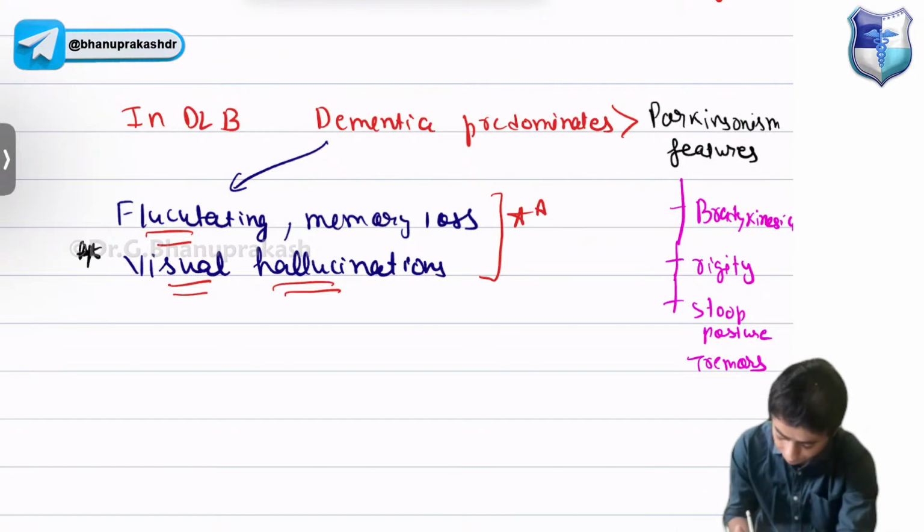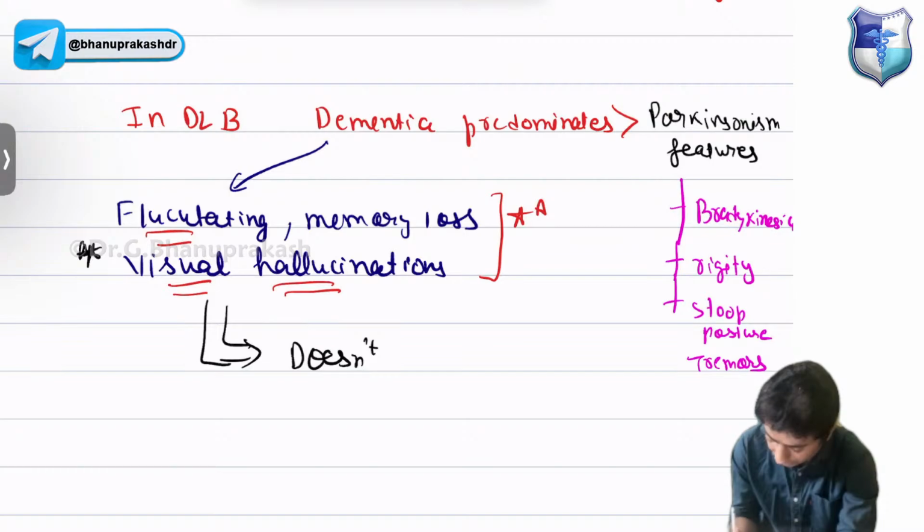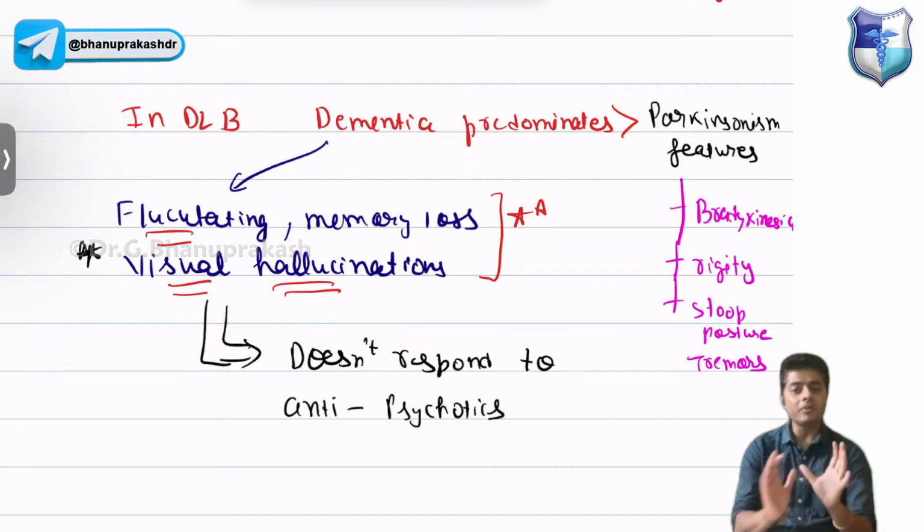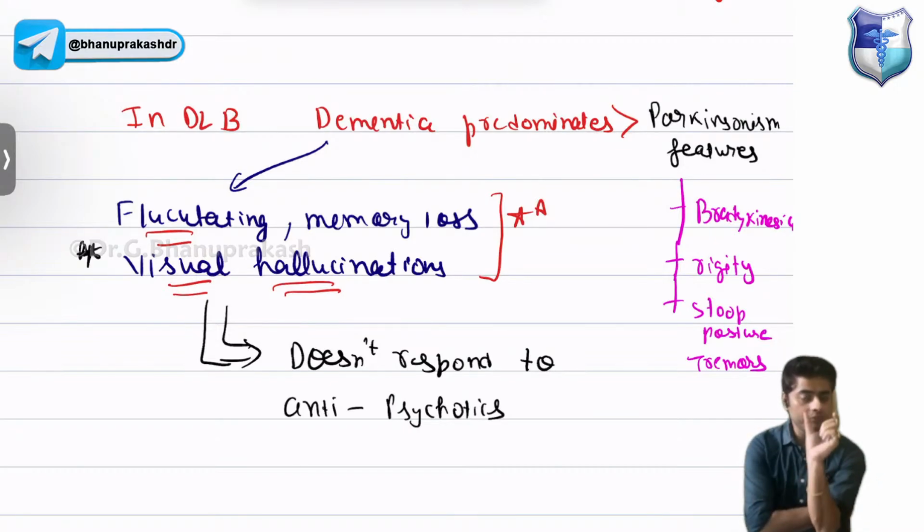That's why this visual hallucination doesn't respond to antipsychotics. Did everyone understand why in diffuse Lewy body dementia patients, who have visual hallucination, they don't respond to antipsychotics?